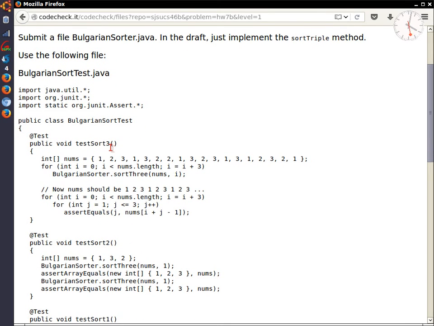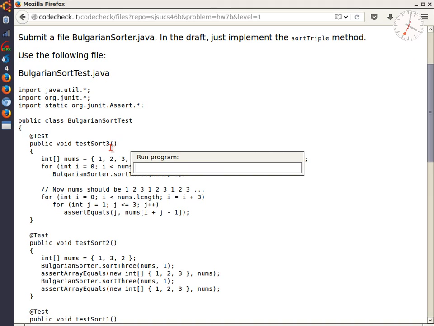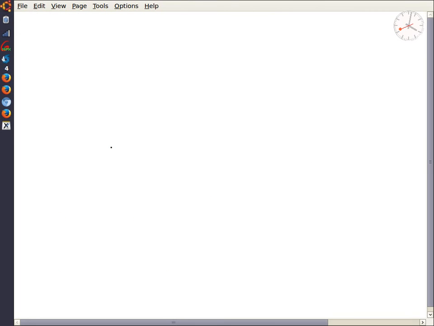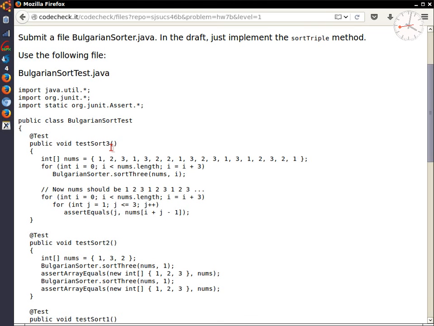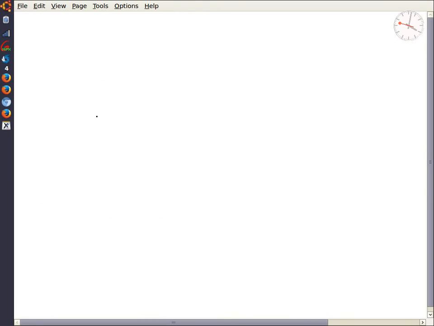So there was a question on Piazza where someone said they had the following pseudocode for the Bulgarian sort algorithm, which I'm sure you've now all Googled. And so the pseudocode was like this.